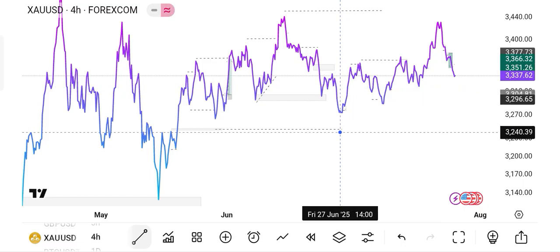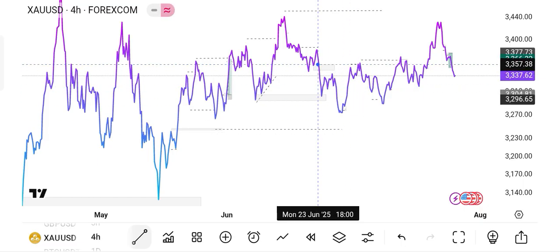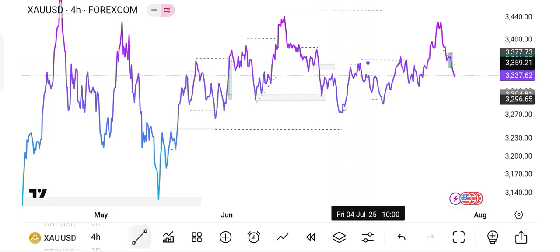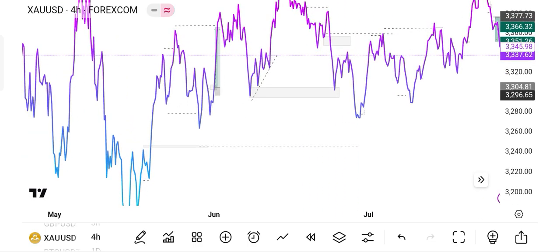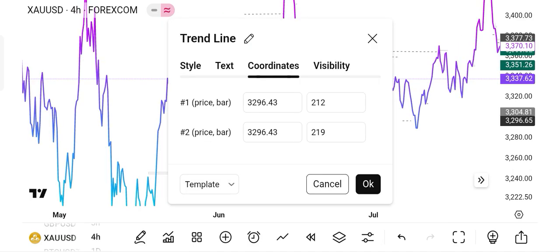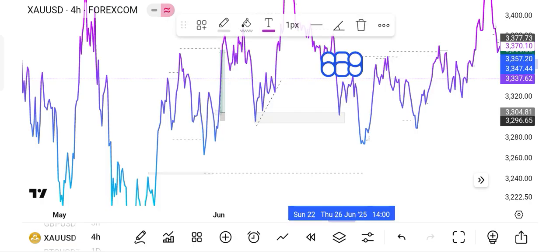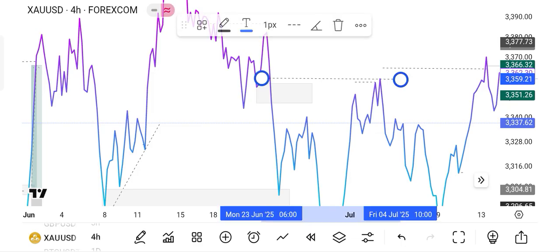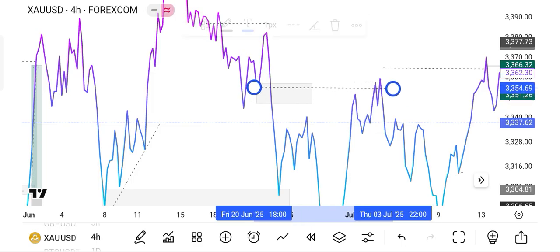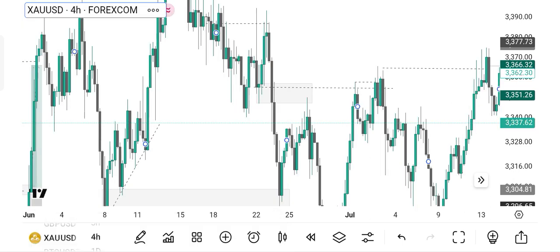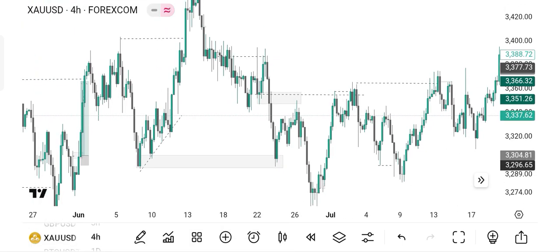Now this breaker block is from here around this zone. From here. So let's go back to the chart. Yeah. So you can see how price tapped into here, then started selling.